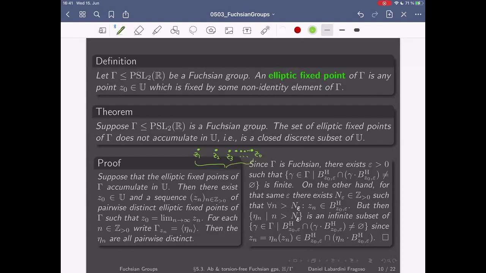These are all fixed points, and the stabilizer in gamma of those fixed points is a cyclic group, which is generated by some eta n. Since they all have distinct fixed points, these elements eta n are also pairwise distinct.